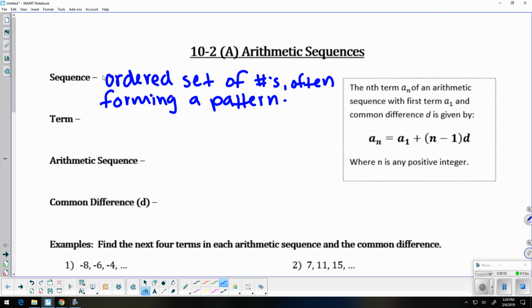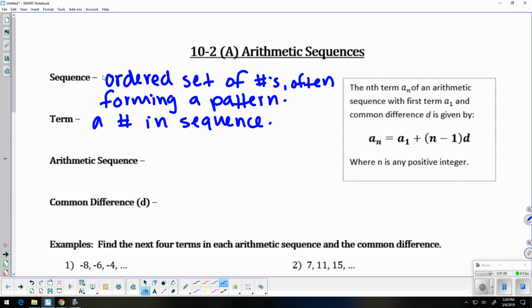A term is just each individual number in the sequence. So every individual number that you see is called a term.